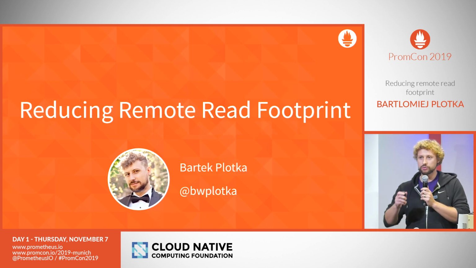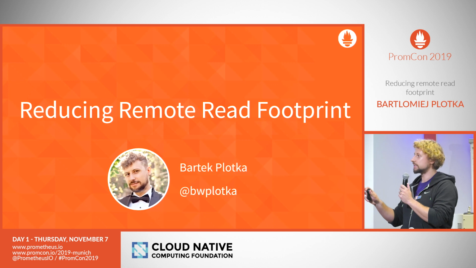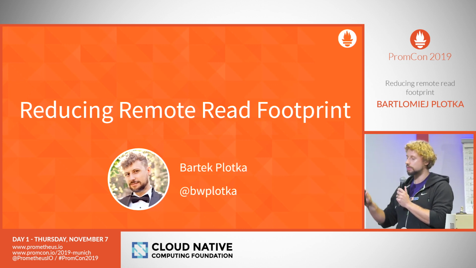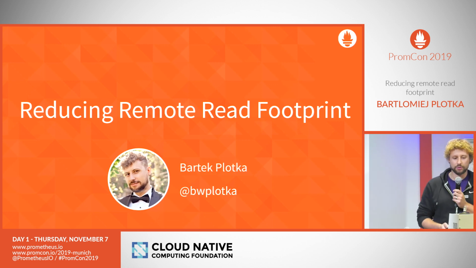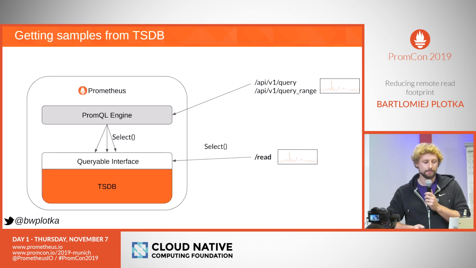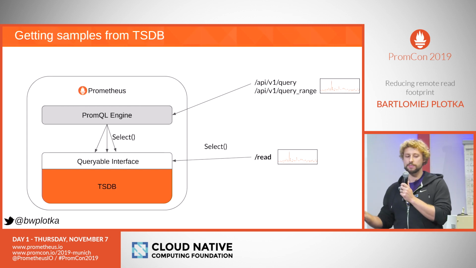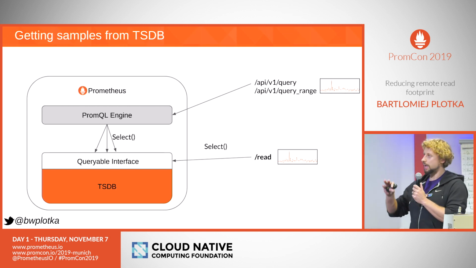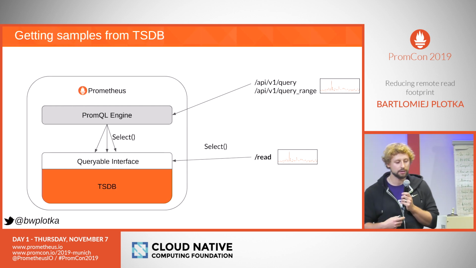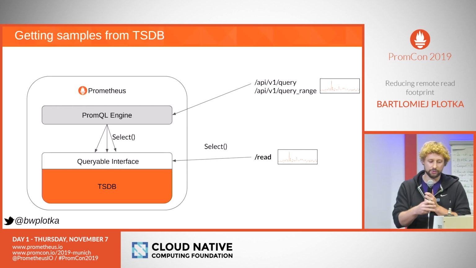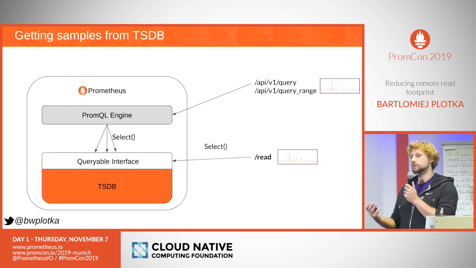okay, I want to spend 5 minutes to quickly go through the RemoteRead improvements we did this year on the Prometheus side, and particularly why it's important and what we improved. So first of all, what is the RemoteRead API? RemoteRead is an endpoint available on the Prometheus server, and it allows you to select series from the internal database that Prometheus is using, which is TSDB.